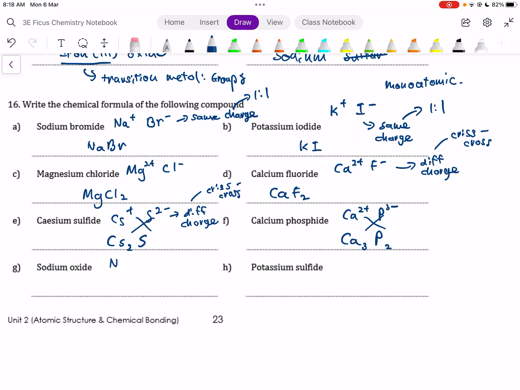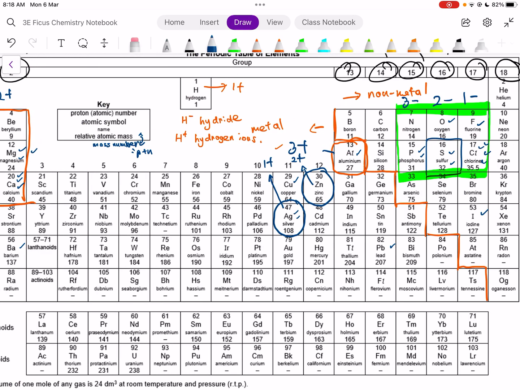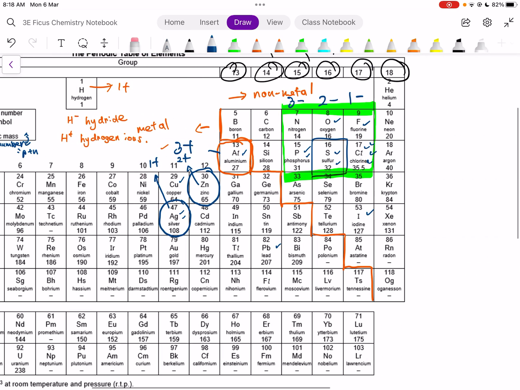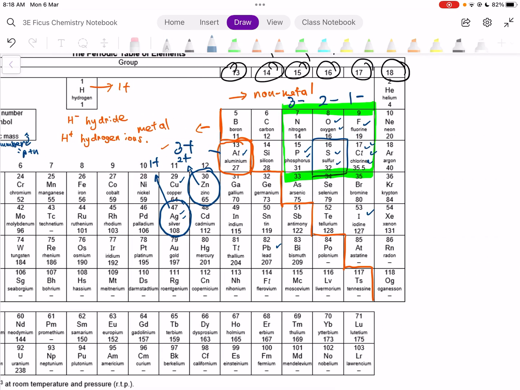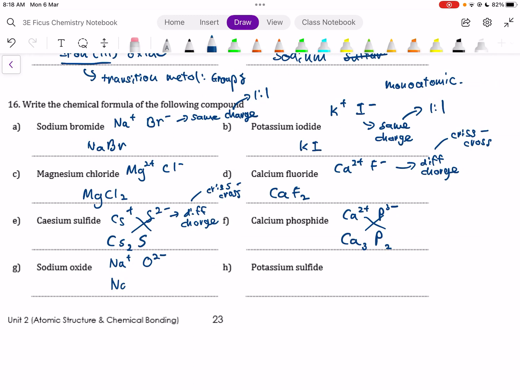Okay, so next thing we have the sodium oxide. Sodium is the Na plus from group 1. Oxide is O2 minus. So this one you have Na2O. Okay, next thing we have the potassium sulfide.